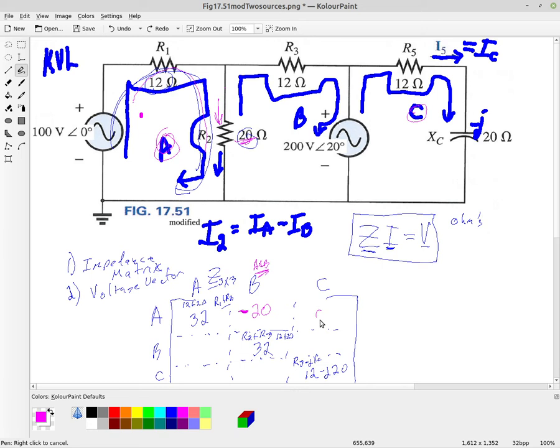So that's just simply a 0. All right, and now we already did A and B here. So all we have to do is copy this down. It's always going to be symmetric. So if it was minus 20 up here, it's minus 20 there. Same way with this one down here. We just copy it. Okay?